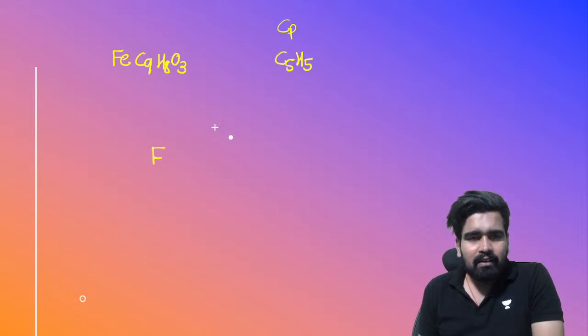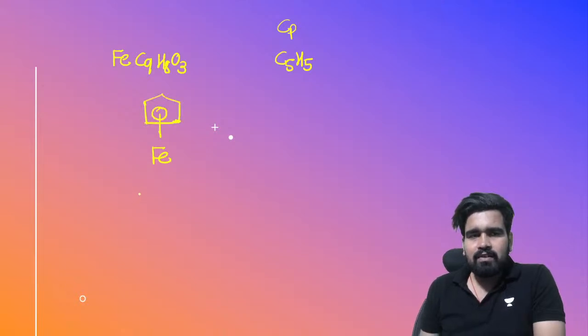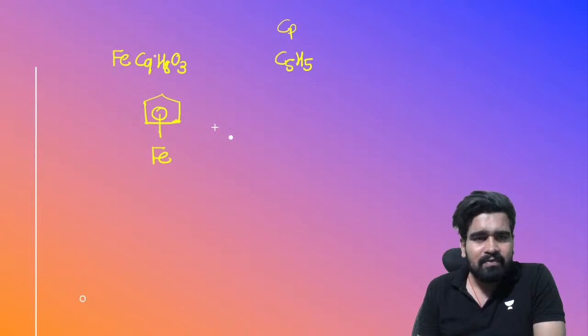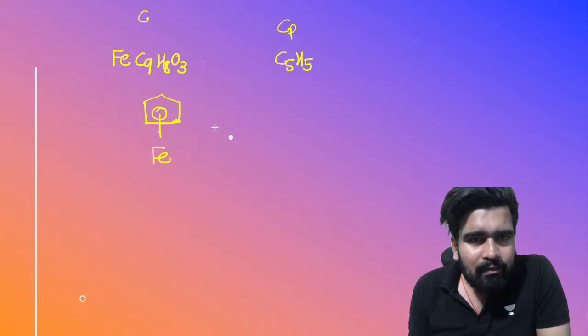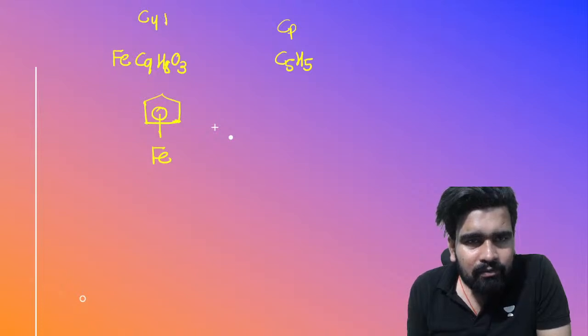Cp means C5H5. So there is one iron connected to the Cp ring, C5H5. Now, if we subtract C5H5, there will be 4 carbon, 3 hydrogen and 3 oxygen.